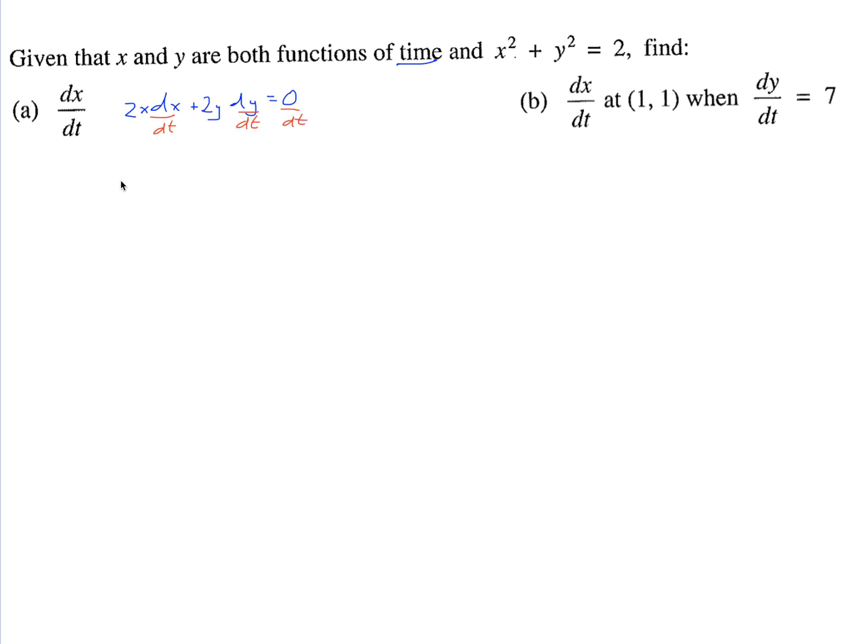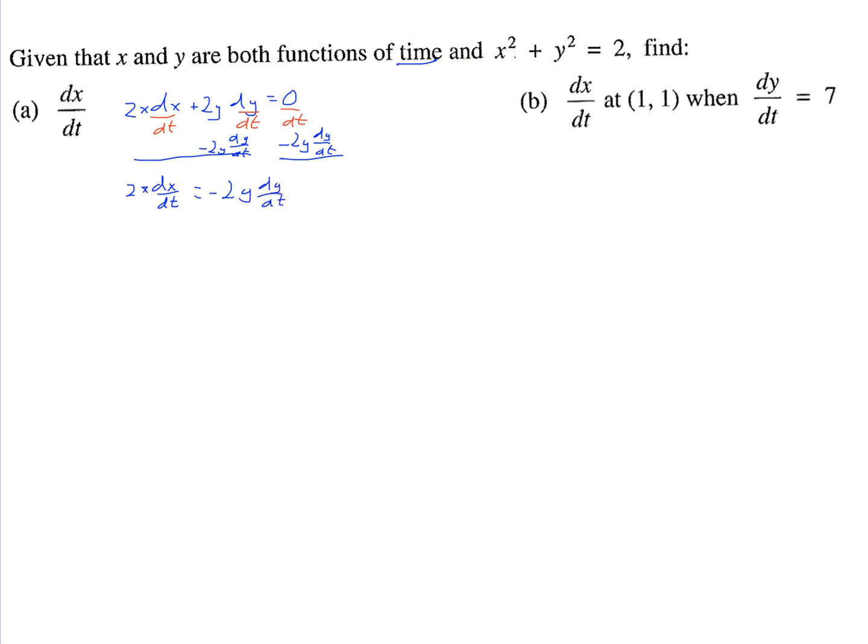And we get 2x dx/dt. We'll subtract this from both sides, 2y dy/dt. And that gives us negative 2y dy/dt.